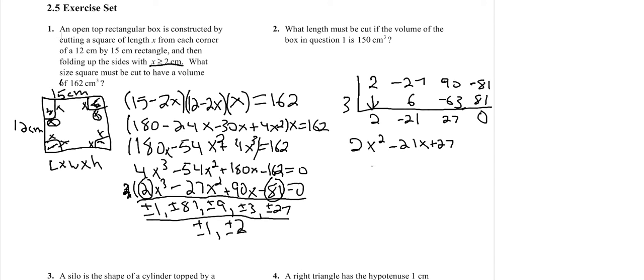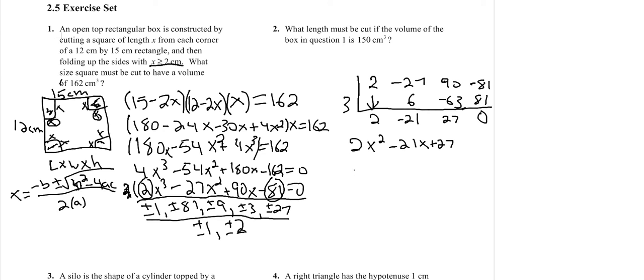So this doesn't factor, so we're going to have to use the quadratic formula to find the other roots. So that's just x equals, I'm running out of room here, so I'm going to write it over here. x equals negative b plus or minus the square root of b squared minus 4ac, all divided by 2 times a.